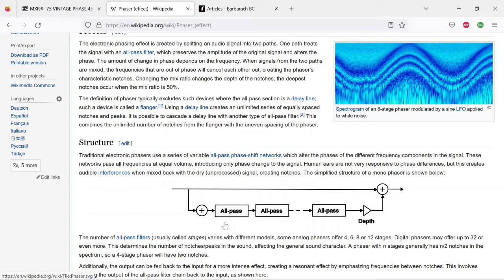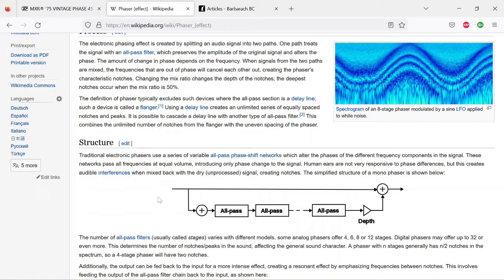phase shift. But when it's combined with a dry signal, think of it as a pure sine function: if you shift it by 180 degrees, the two kind of cancel each other.